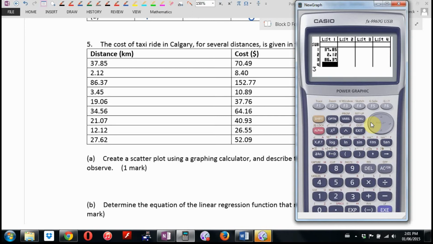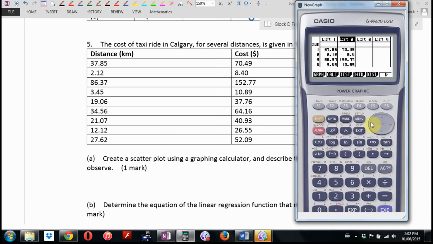On the test, I kept them shorter. 21.07, 12.12, 27.62, 70.49, 8.4, $152.77, 10.89, 37.76, 64.16, 40.93.